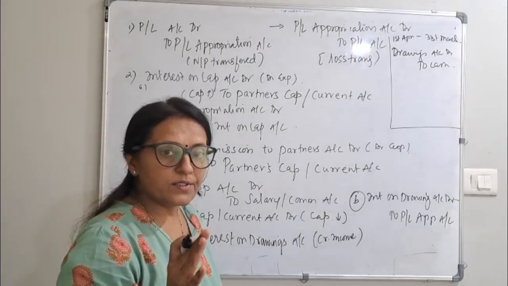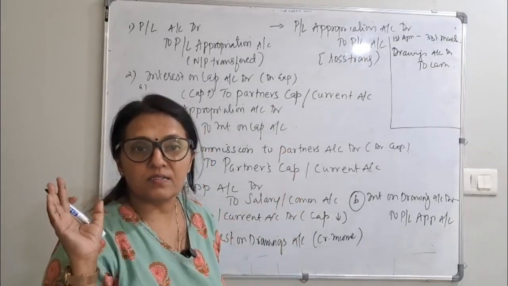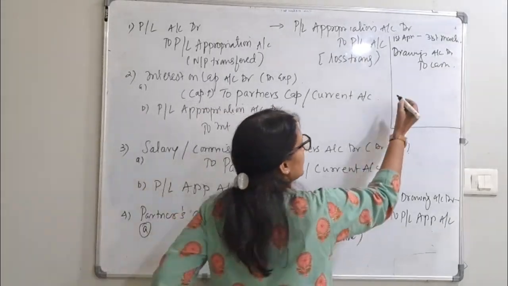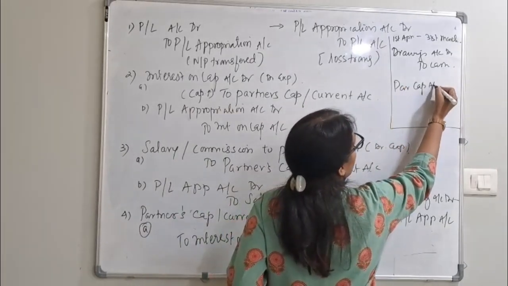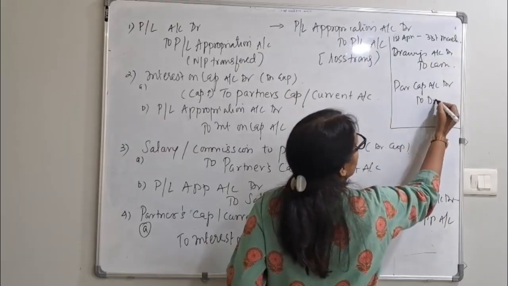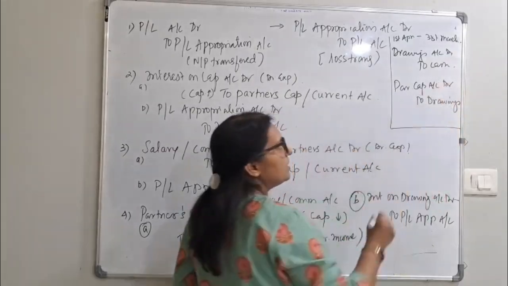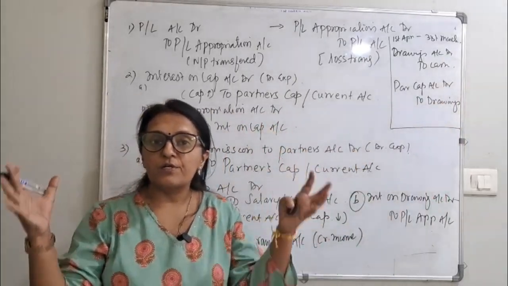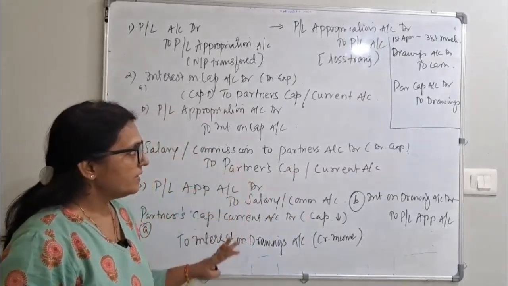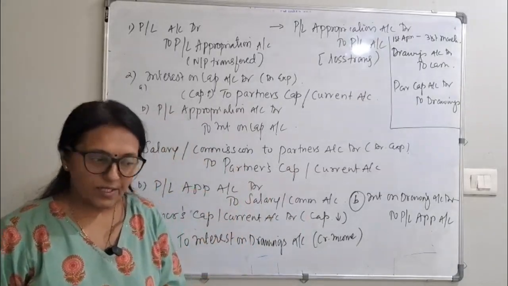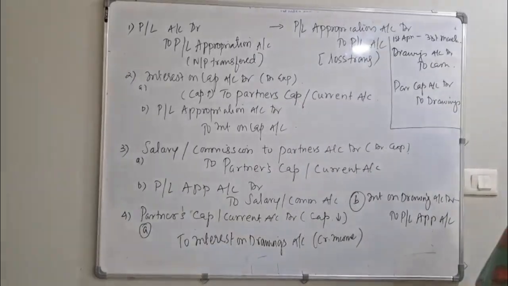At the end of the year, this drawings is transferred to the partners' capital account. So partners' capital account debit to drawings. The total amount you have withdrawn is transferred to partners' capital account. Okay, done with this. One more two entries are there. That also we'll be doing.